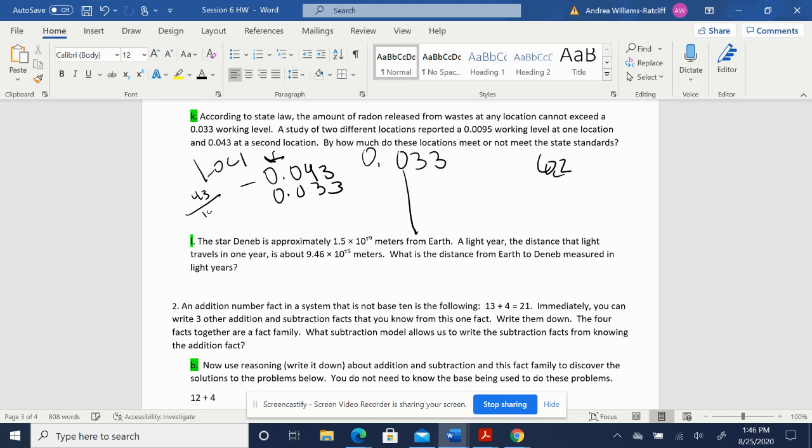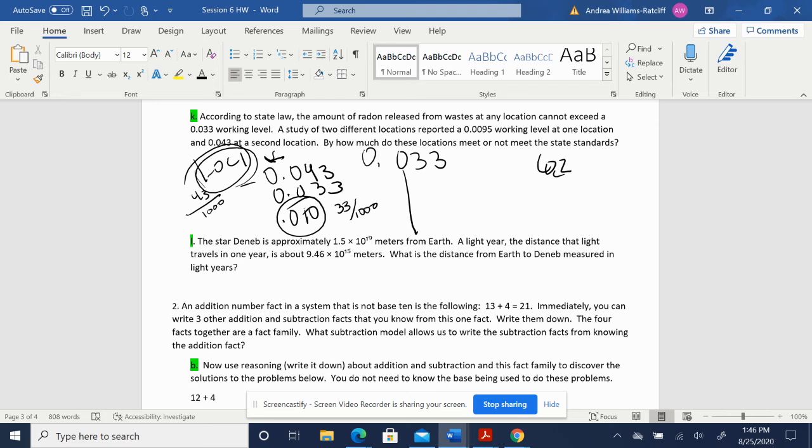So this is 43 thousandths, whereas this is 33 thousandths. So location 1 is too much. It exceeds. How much? It is 10 thousandths in excess. It's over by 10 thousandths.